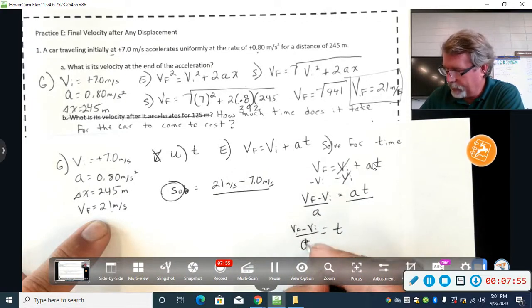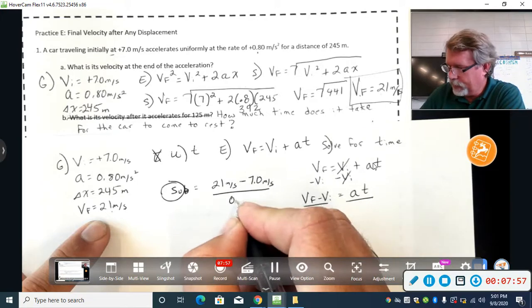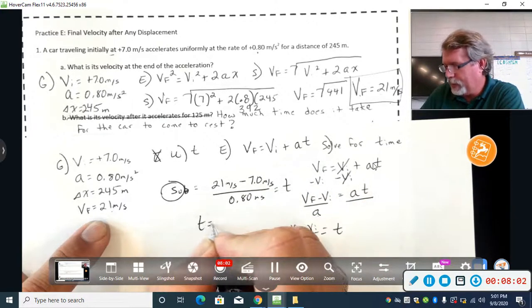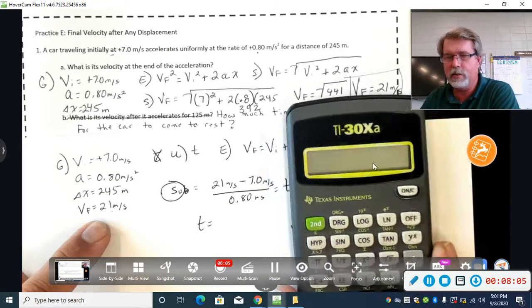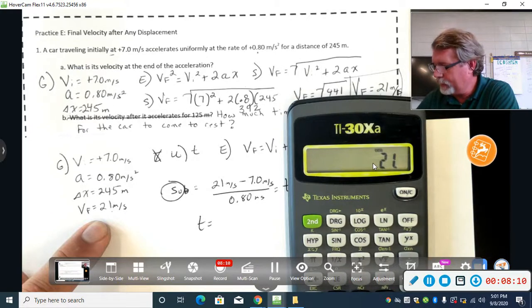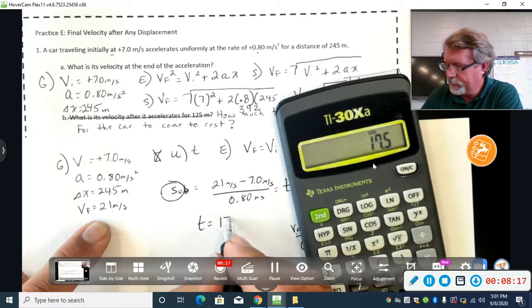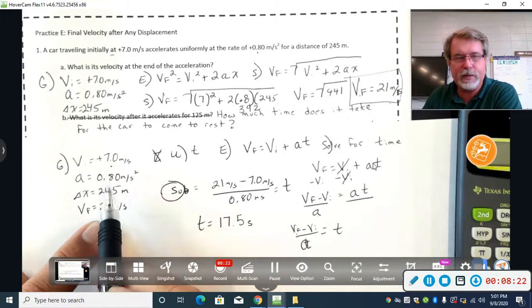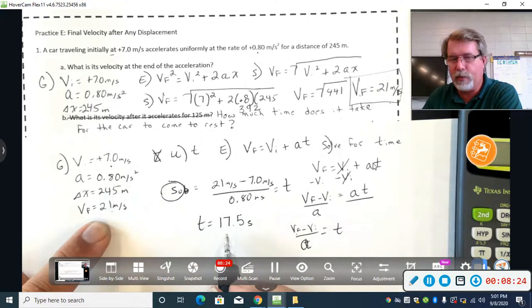I wrote a T here, I meant to write an A, which is 0.80, equals T. So T equals, using our calculator, 21 minus 7 equals, and then we divide that by 0.8 equals 17.5 seconds. We see two significant figures in this given, and two in that, so we need to report this to two significant figures. I'm going to report this as 18 seconds.